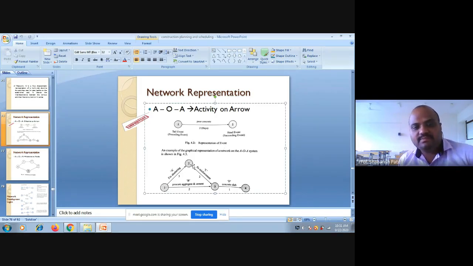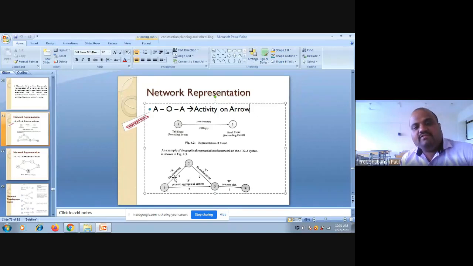Okay, the same example I am just extending it by showing 4 activities here. So I have 4 activities, so there are 4 events. Then my activity 1 to 2 is fix the shuttering, that is activity A. And what is the duration? It is 3 units. It is not mentioned whether days or weeks, so I am just calling it units here.